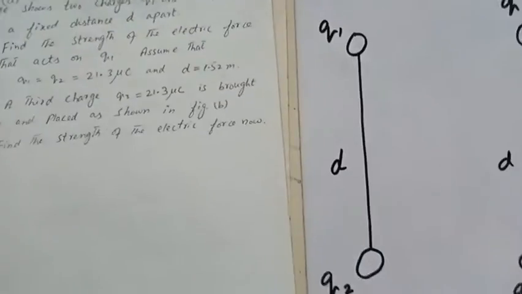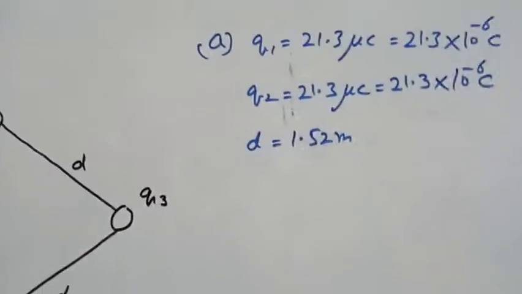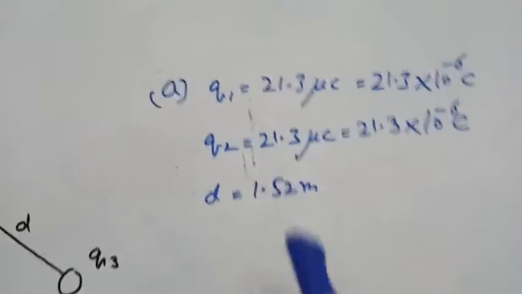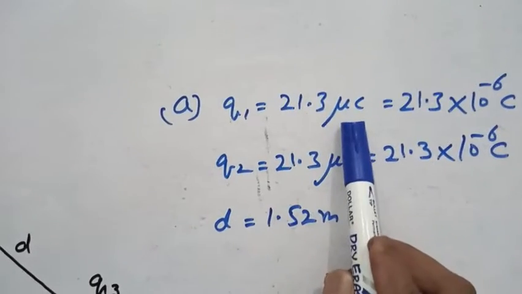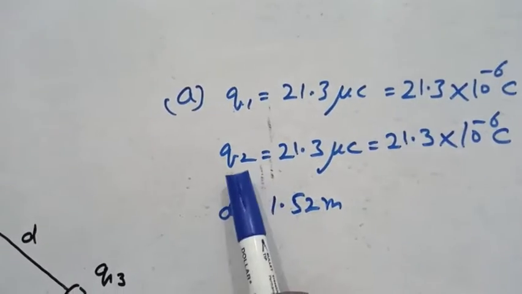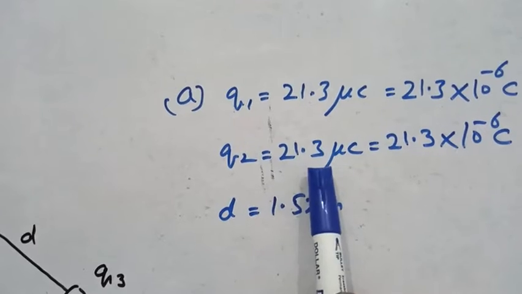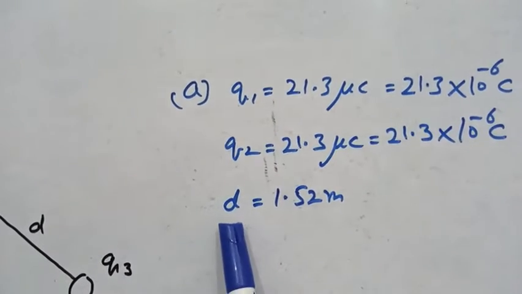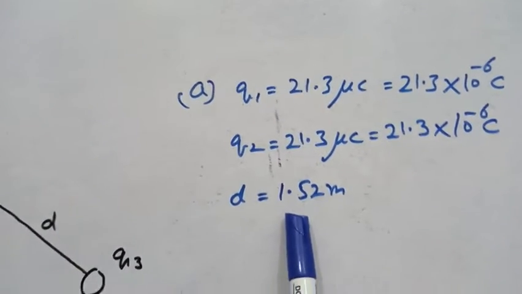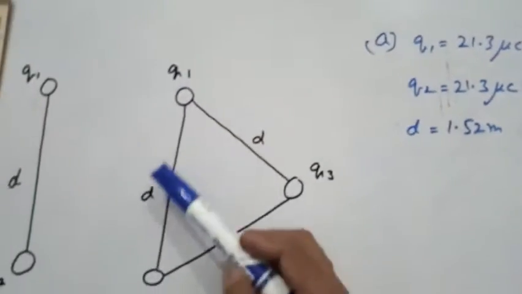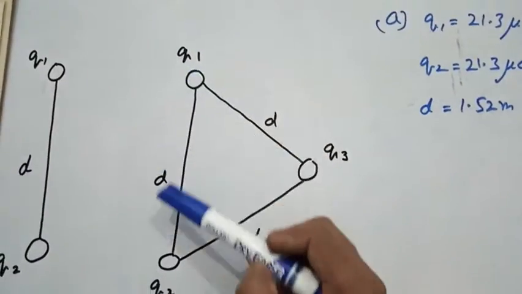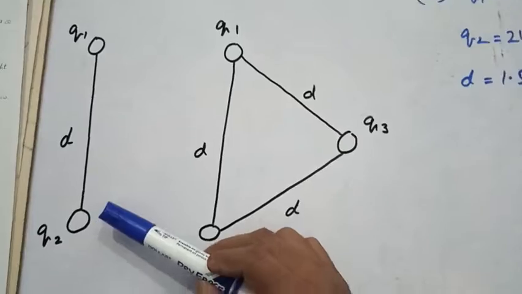So the required data to solve part 1 is: charge Q1 is equal to 21.3 microcoulombs and Q2 is also 21.3 microcoulombs. The distance between both charges is 1.52. We want to calculate the force exerted on charge Q1 by charge Q2.